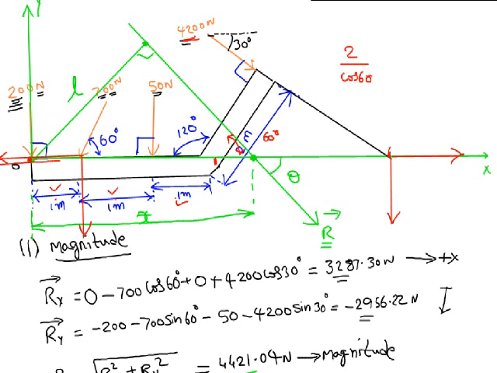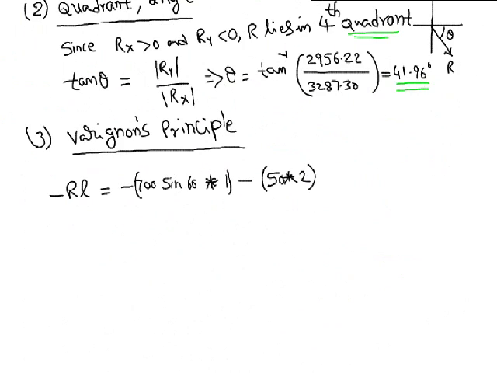Noting that, the moment of this force, which is 4200 sine 60 going down, is 4200 sine 60 multiplied by 3 plus 2 by cos 60.